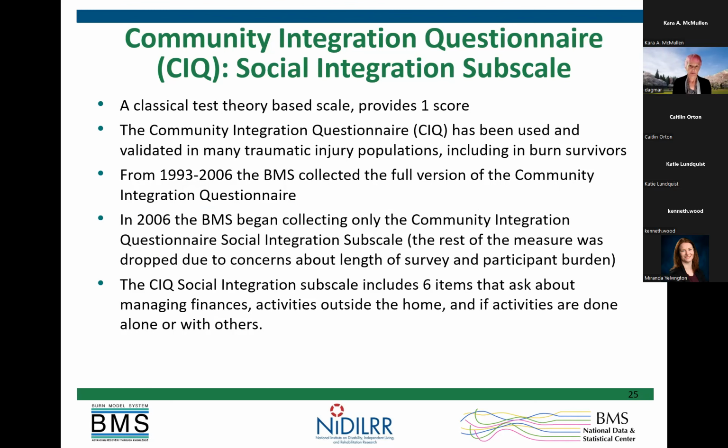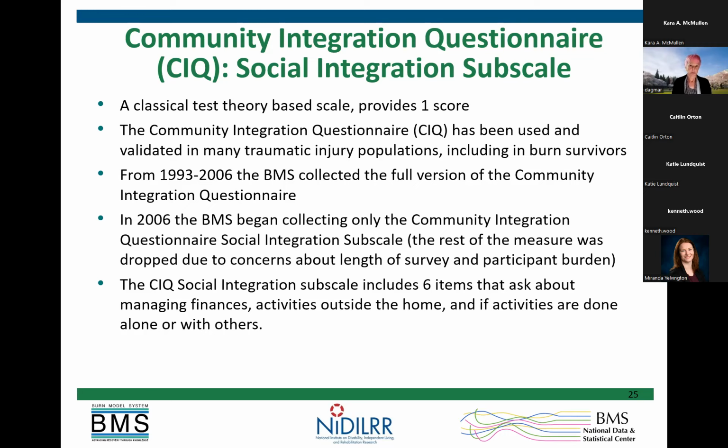The subscale provides one score. It provides a score that measures social integration. This is a questionnaire that has been traditionally administered in many traumatic injury populations, including burn survivors.